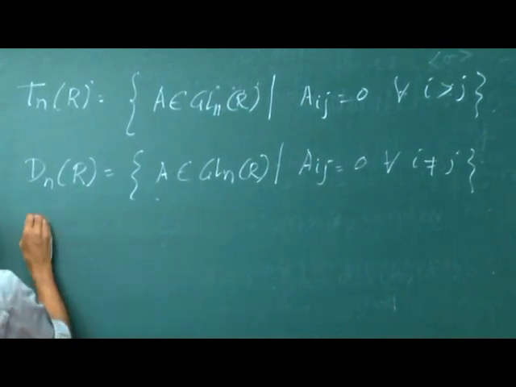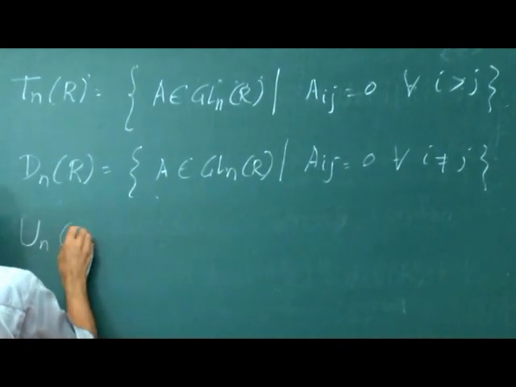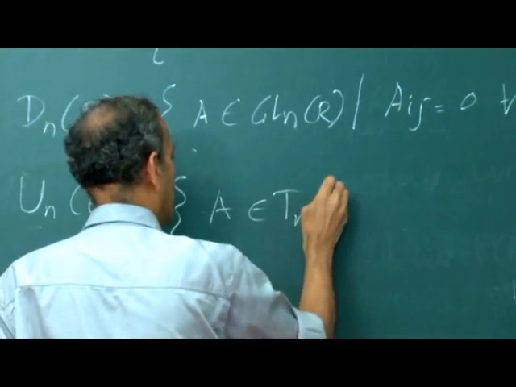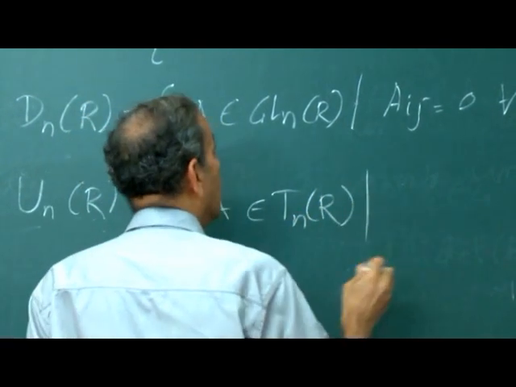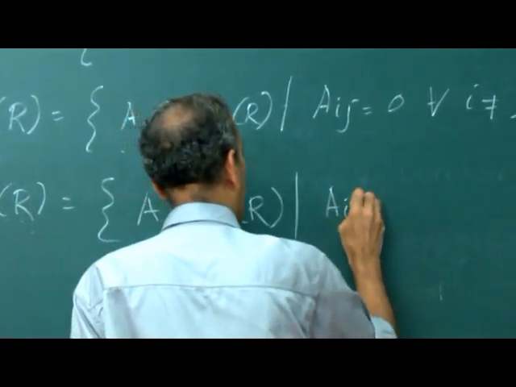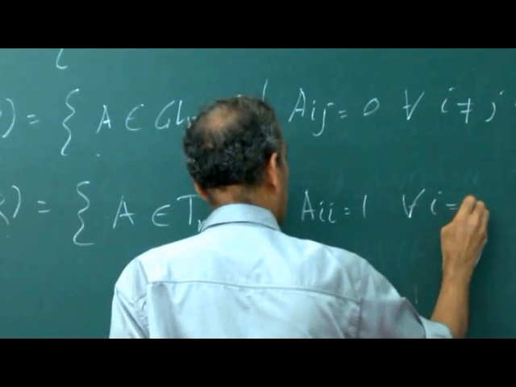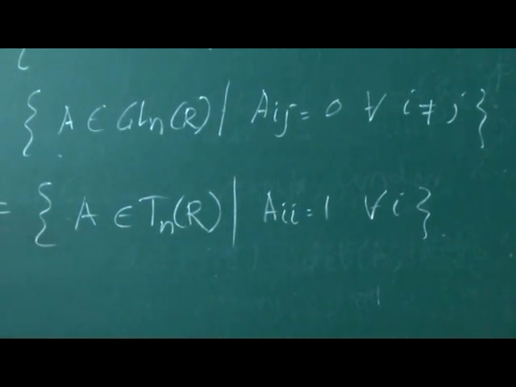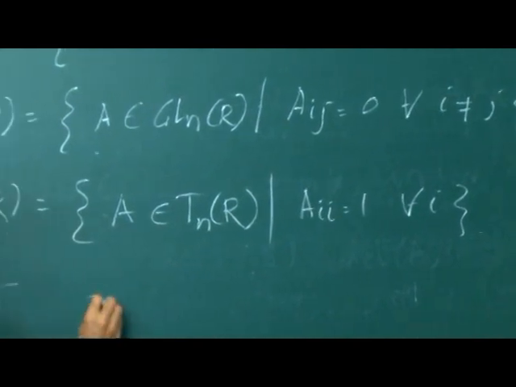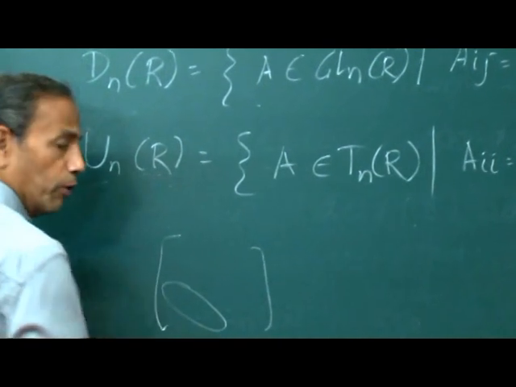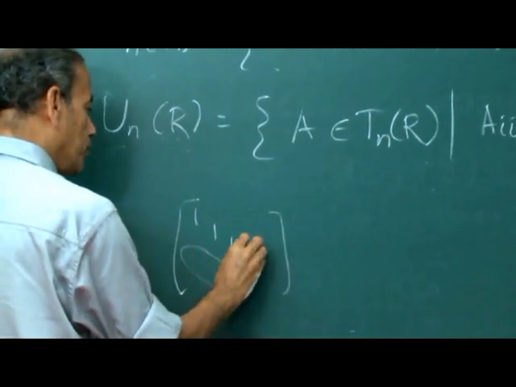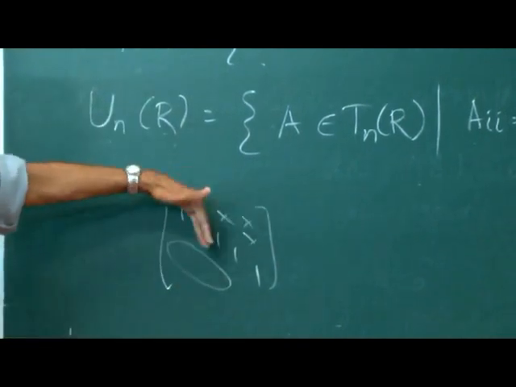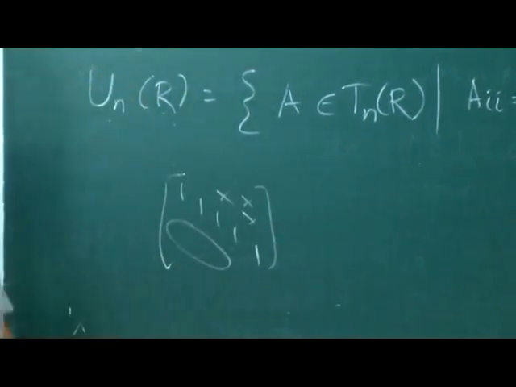There is another one, U_n(R): A in T_n(R) and a_ii is equal to 1 for all i. So what does this mean? It is an upper triangular matrix. So a U_n(R) matrix looks like this: zeros below the diagonal, 1 on the diagonal, and possibly non-zero entries above the diagonal.